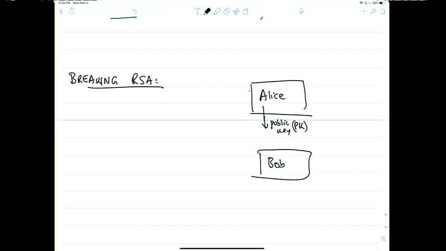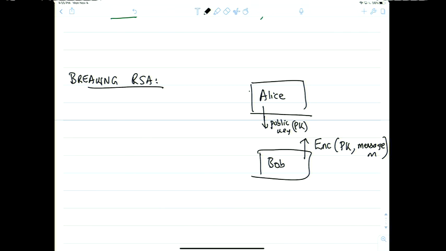So Alice releases a public key, and Bob has to send some message, so he can encrypt using the public key. So he can use the public key and encrypt his message M, and he sends the encryption on the channel. Okay, and what Alice does is she just receives the encryption and decrypts it.